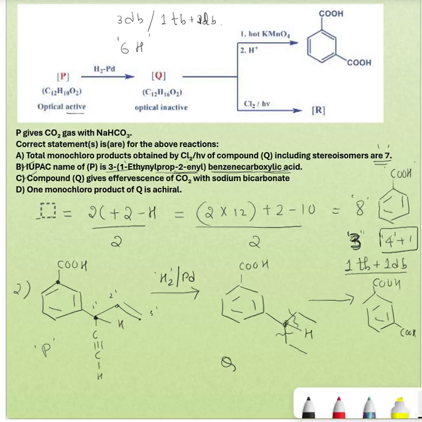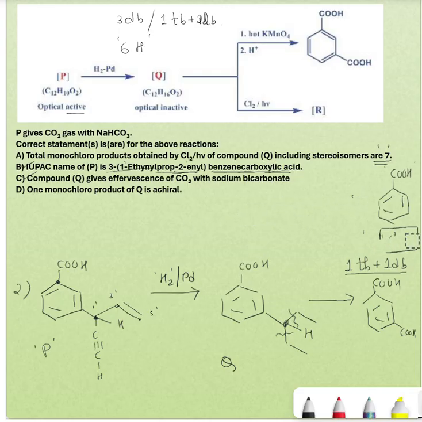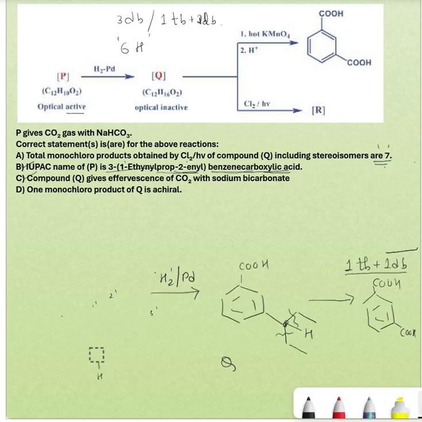Now let's rewrite everything, otherwise you will not know whether A and D are also correct or wrong. For this, you write the Q molecule, you replace hydrogens from the alkyl group.